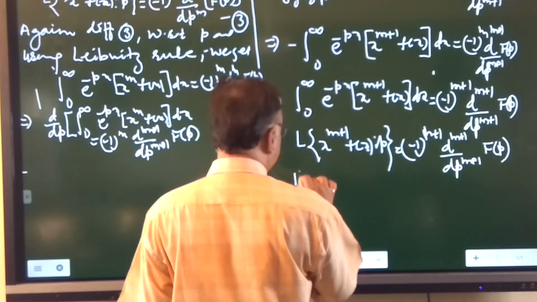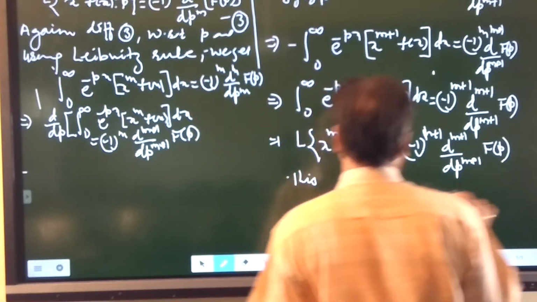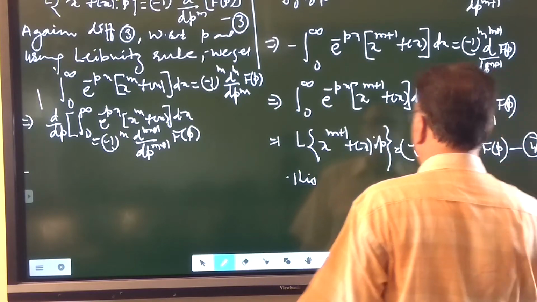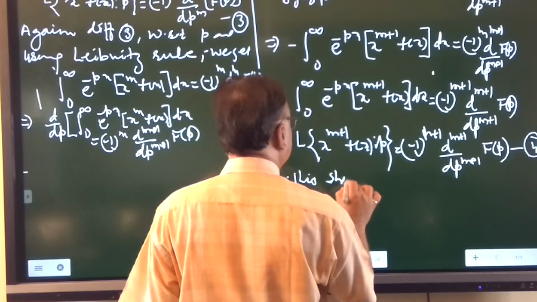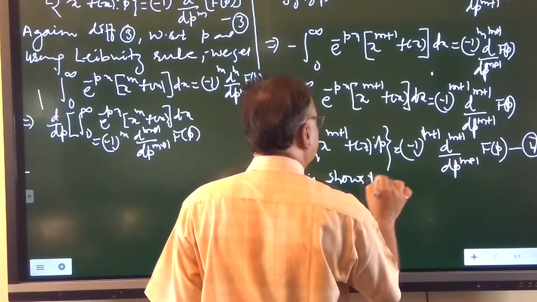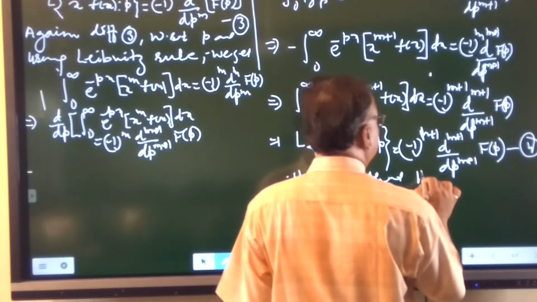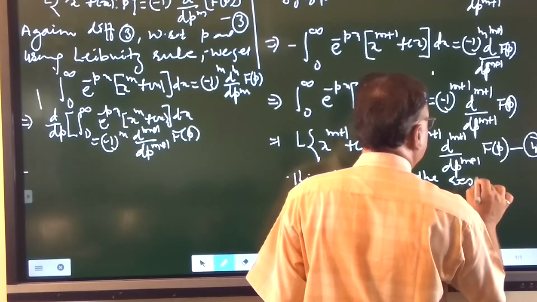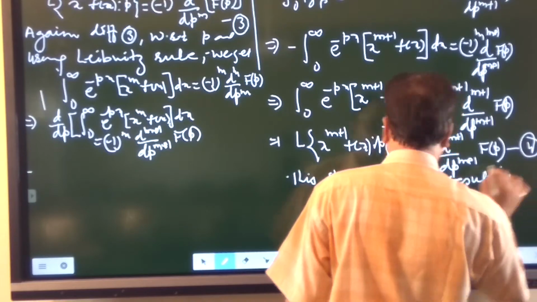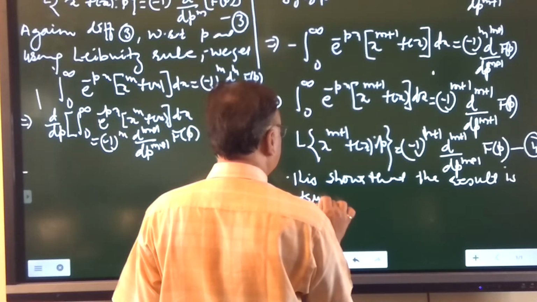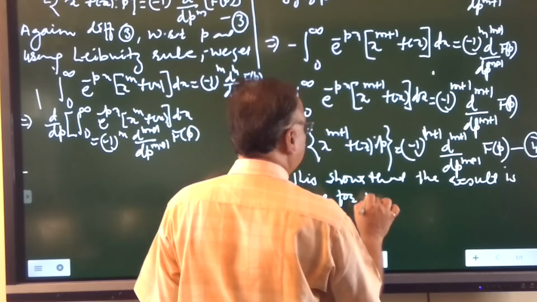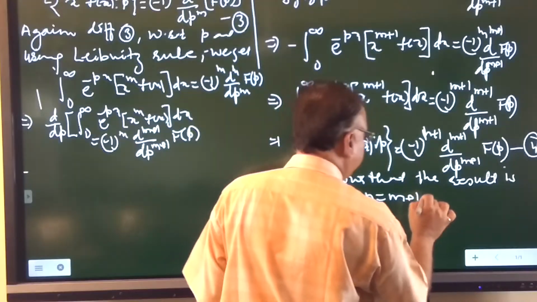This shows that the result is true for n is equal to m plus 1.